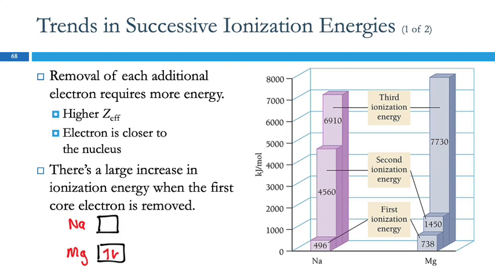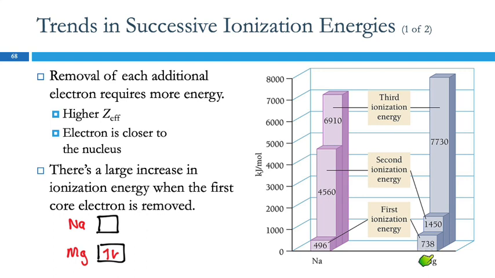And then the next one that we're going to remove, now that's down the next level, right? We just took off a 3s electron. Now we're going to go down to a lower floor to the 2p. Those guys are a lot closer to the nucleus. They're held more strongly. So we see this huge jump because we've gone through all the valence electrons, and now we're getting into the core electrons.